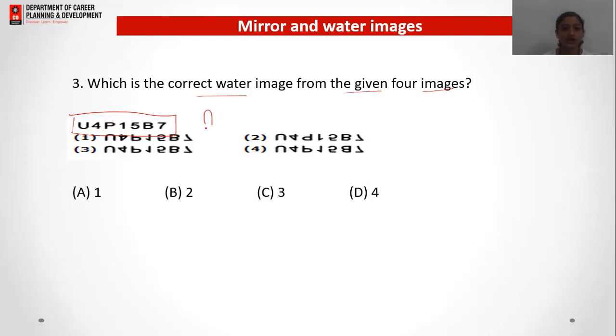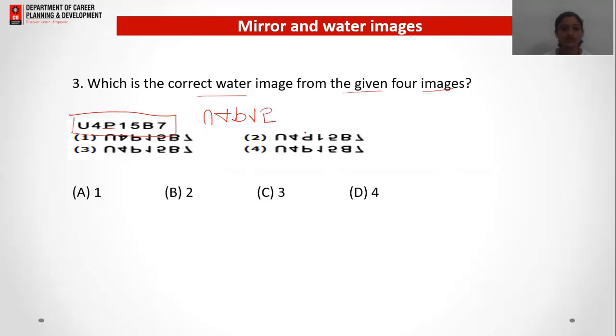And the water image of the digit 4 will be like this. And the water image of the letter P will be this. And the water image of the digit 1, that will be like this. And the water image of the digit 5 will be this.